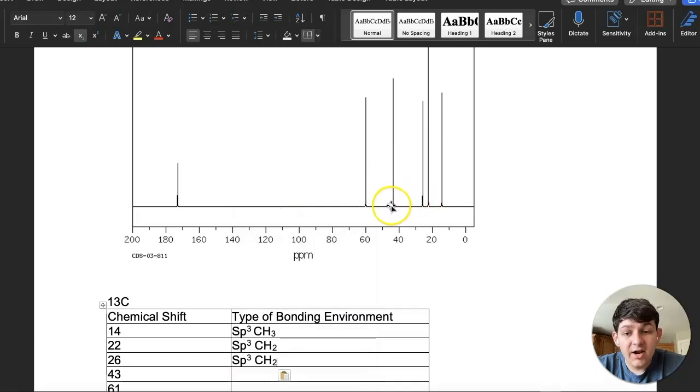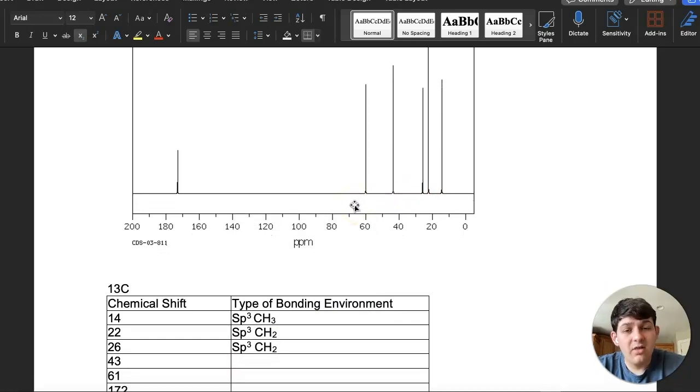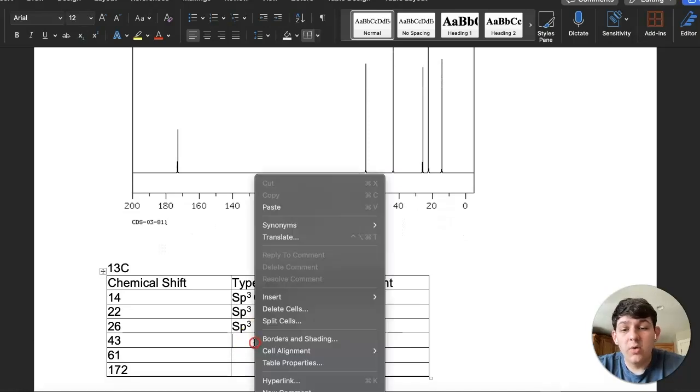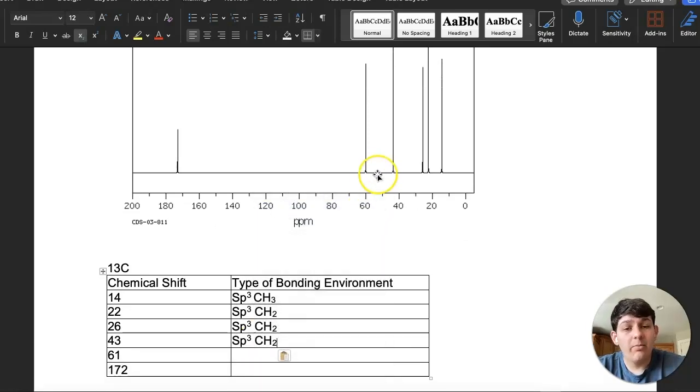At 42 right here, this is also a CH2. It is higher up on the spectrum, a little more upfield. We can attribute this most likely to the electrostatic effect of the oxygen, pulling that one further upfield. Meanwhile, it's still just a CH2 on there.